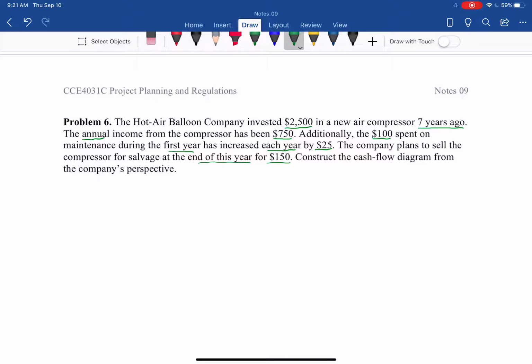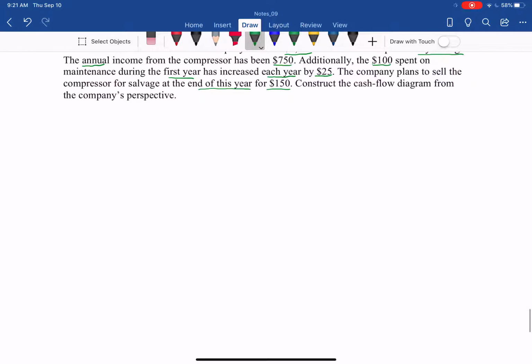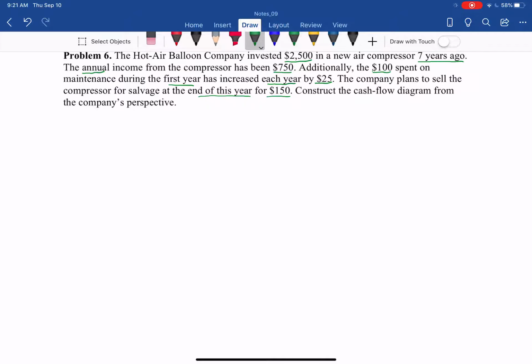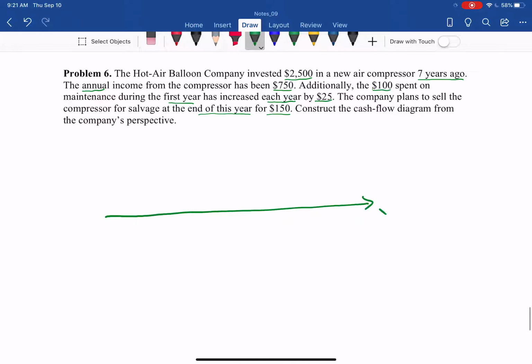So draw the diagram, a representation of the cash flow on the time scale. So let's draw that out. The time scale we have here, in this case also years, so let's put year.